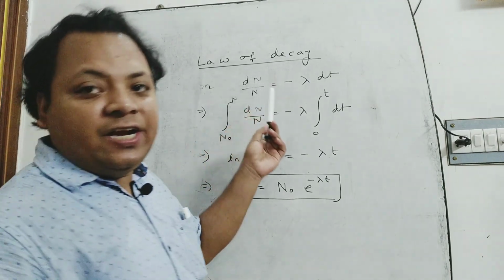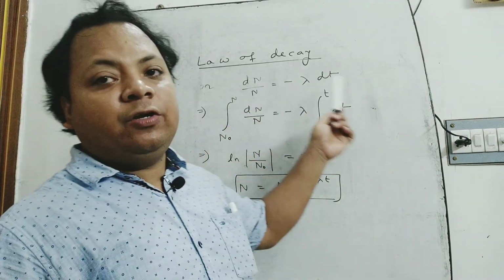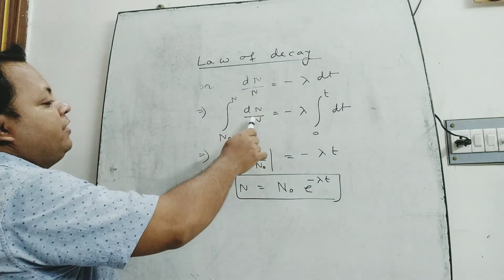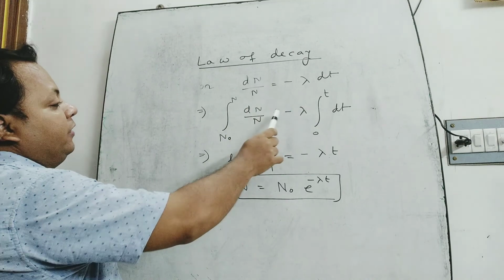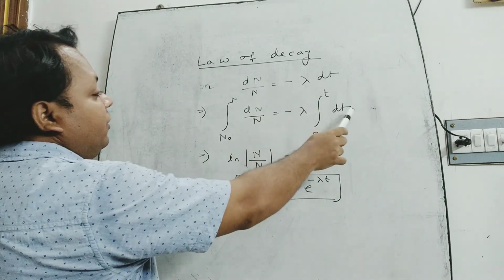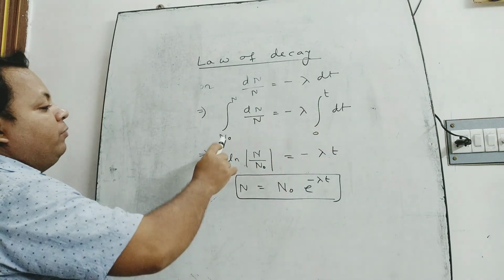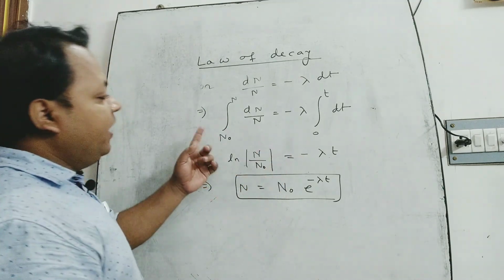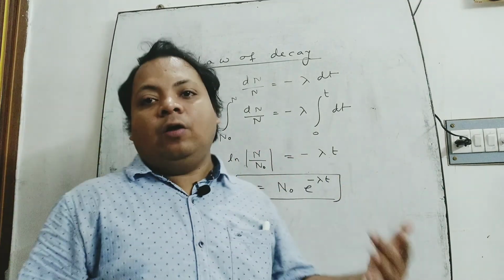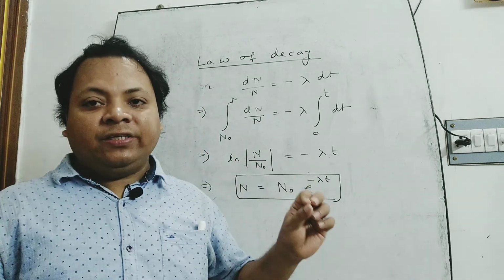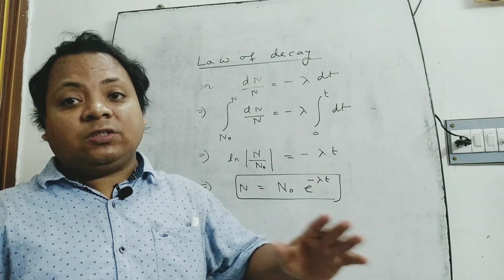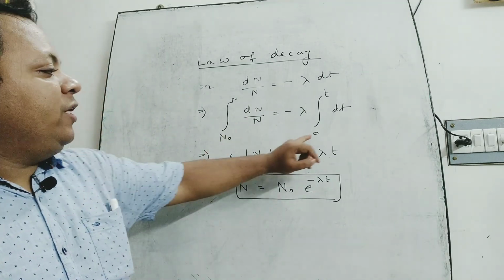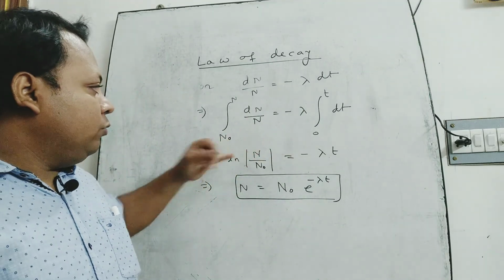This gives dN/N is equal to minus lambda into dt. Integrating both sides, we have dN by N is equal to minus lambda integration of dt. Lower limit of N is N0, where N0 is the initial number of radioactive atoms present in the reaction. That is, when t is equal to 0, N is equal to N0.